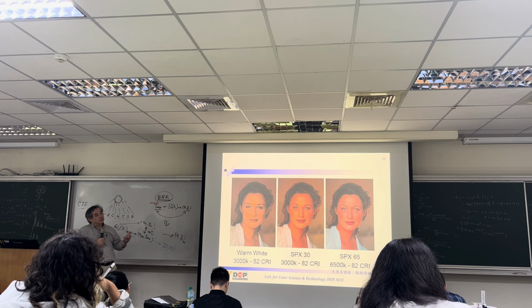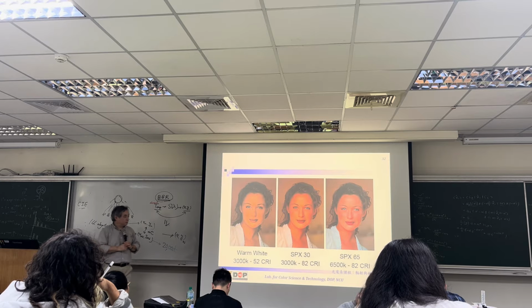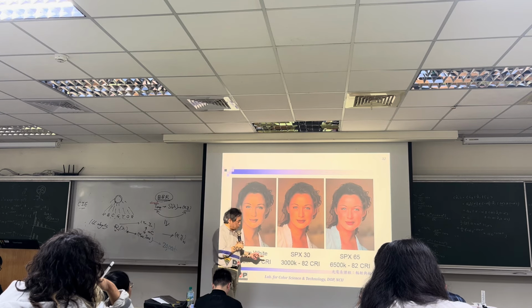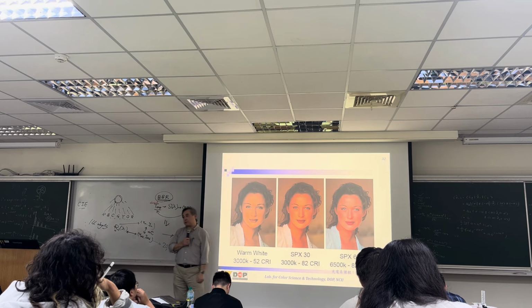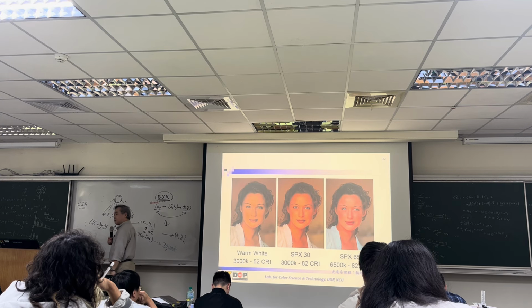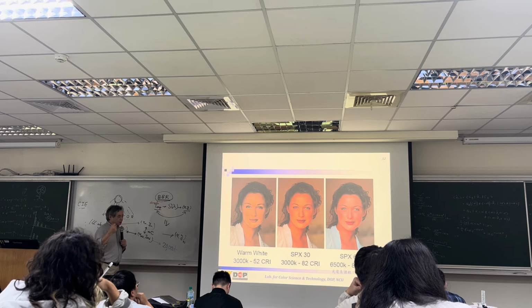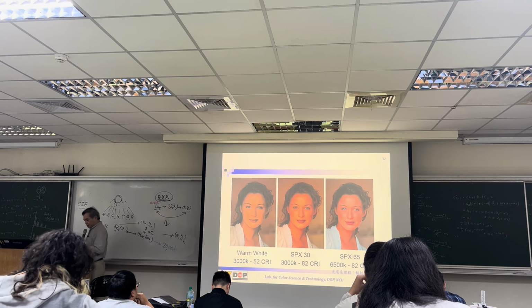You will look more healthy, and people prefer this kind of case. Okay. So this example just try to train you how to see these 2 kind of index, CCT and the CRI. They both used to describe the quality of light source, one light source. Okay.